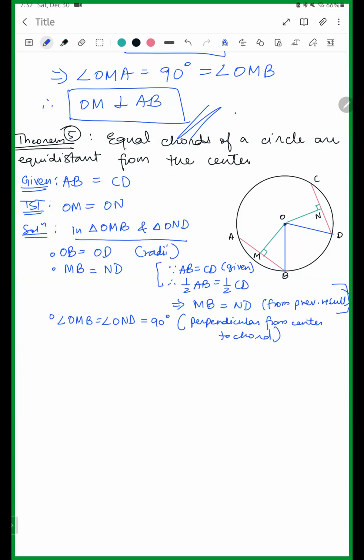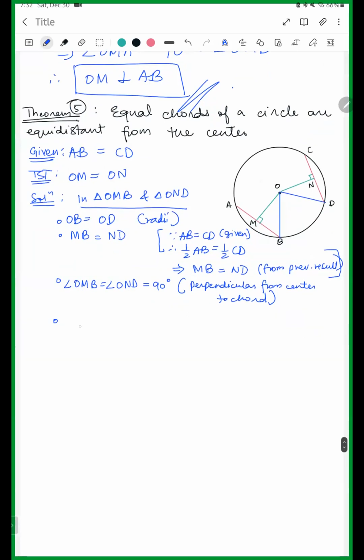Since it's perpendicular from center to AB, it's 90 degrees. Perpendicular from center to CD, so again 90 degrees. So here we have used side, side, and angle, and we have used a different result, RHS.